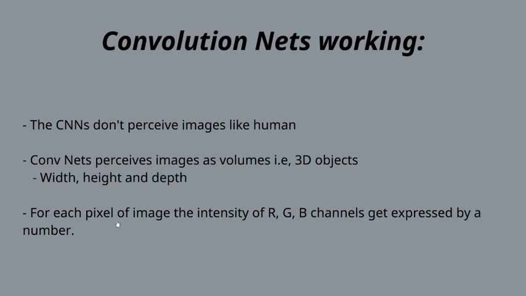So basically, as you know, convolution neural networks at core are neural networks, so they cannot understand images as we humans can do. We have to use the image pixel values to feed the neural network.